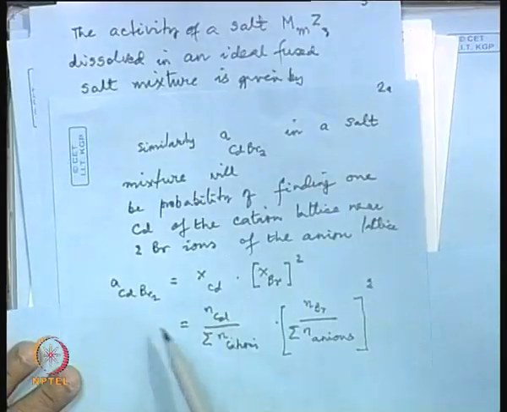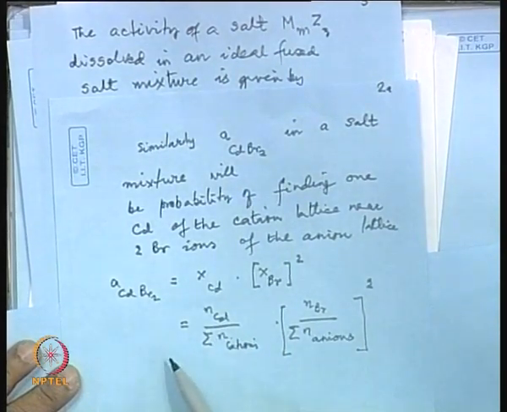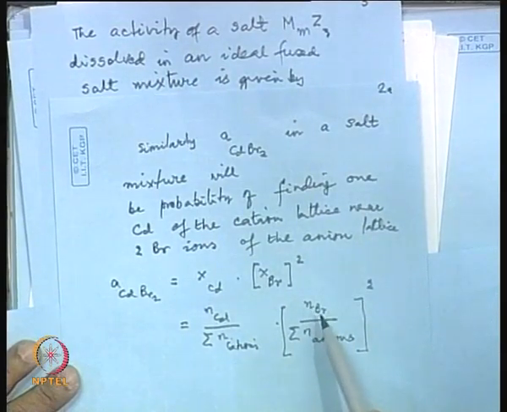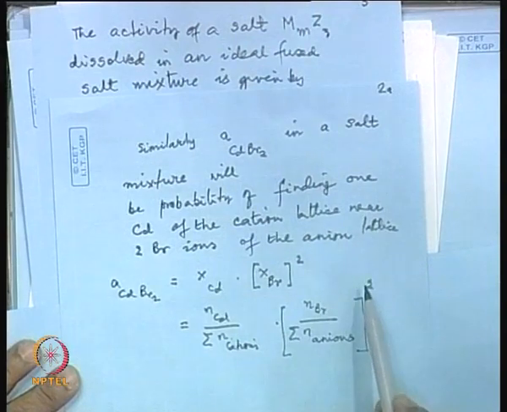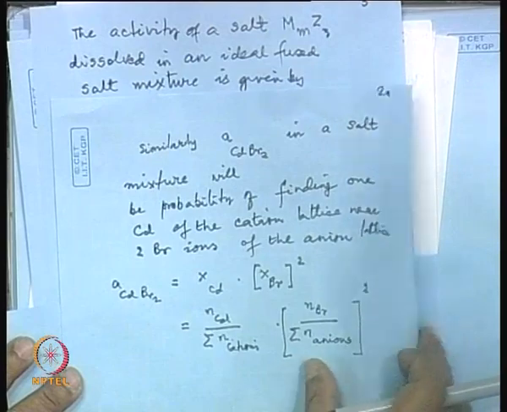So, the activity of CdBr2 will be given by the number of Cd ions in the cationic sublattice divided by the total number of cations, times the number of bromine ions in the anionic sublattice divided by the number of all anions, and this is squared, because we are talking in probability terms.